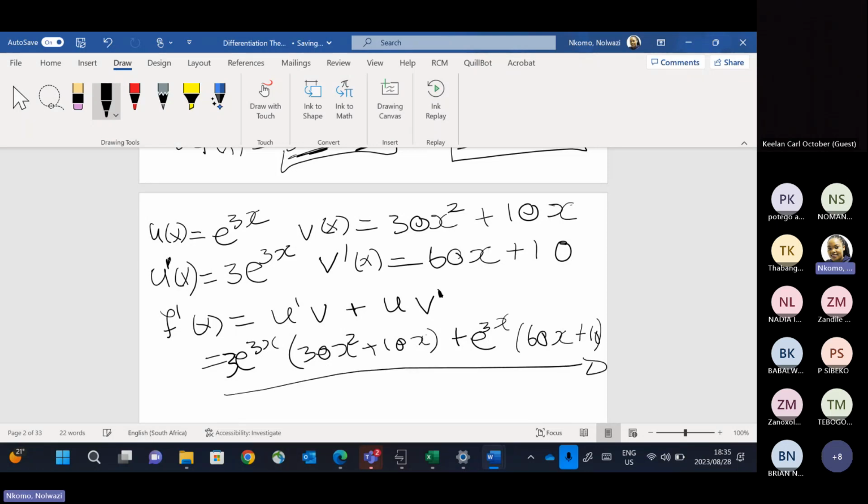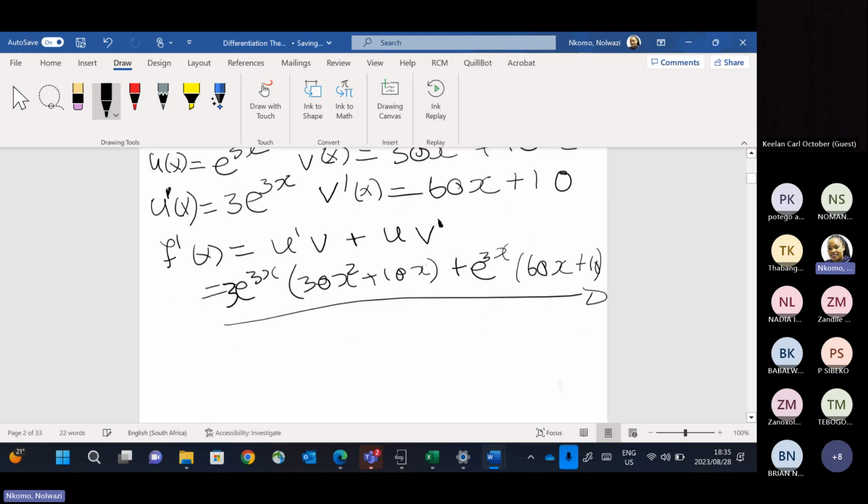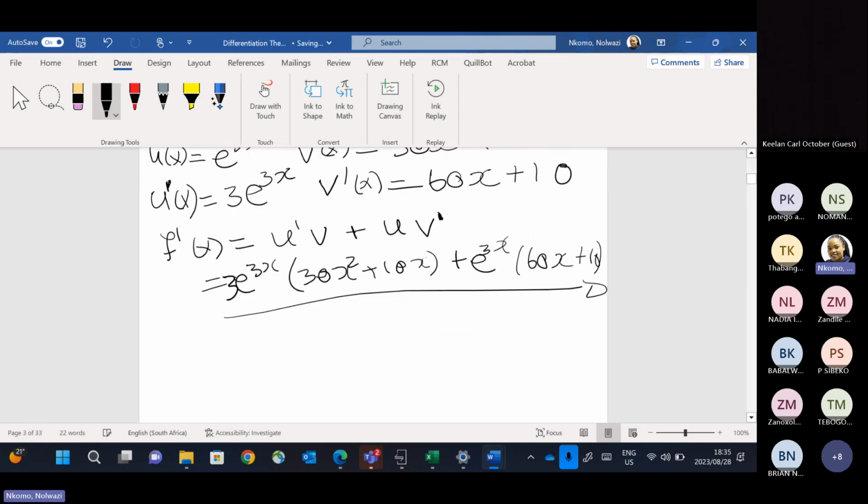Okay, there's a 3 here. Then the next step is to simplify these two brackets. You'll just multiply out these two brackets and then collect the like terms. And that would be your f prime at x.